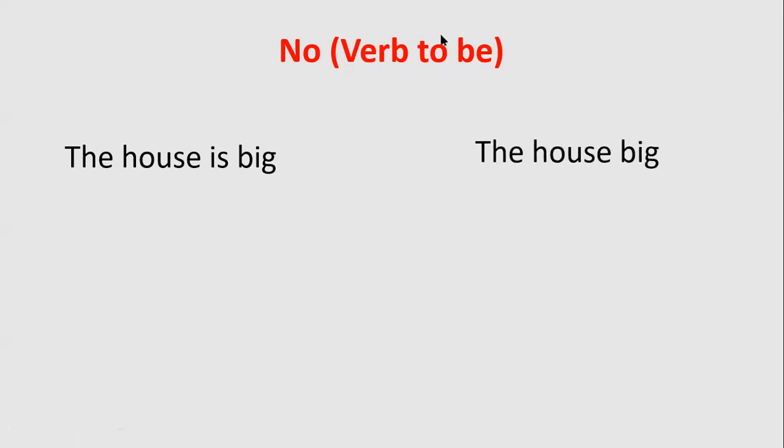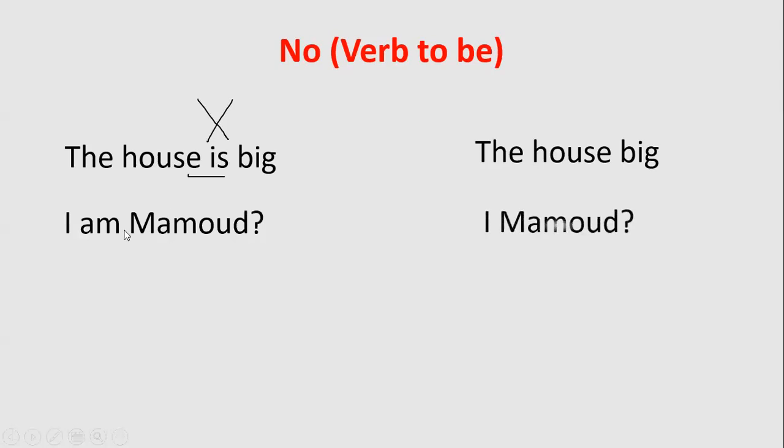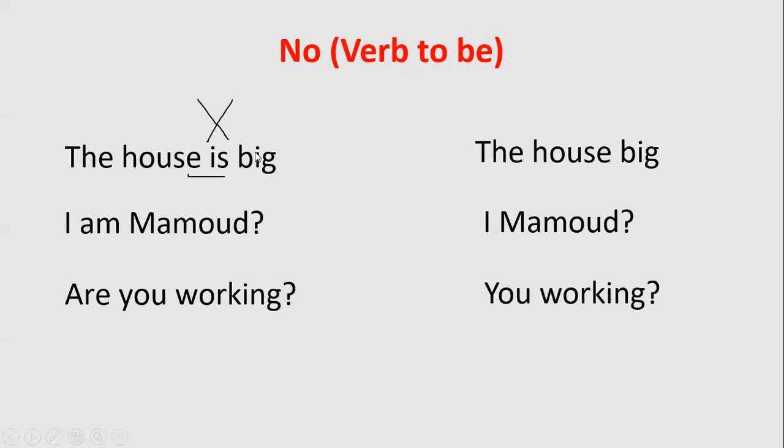The verb to be does not exist in Arabic, okay? Another example is I am Mahmoud. In Arabic, I just say I Mahmoud. Another one is, are you working? In Arabic, we just say you working.